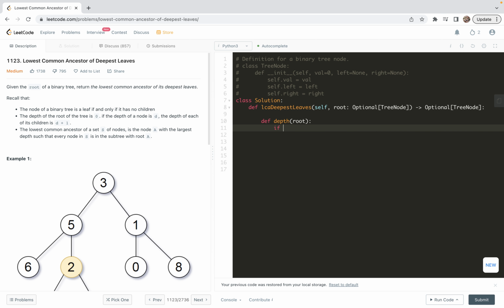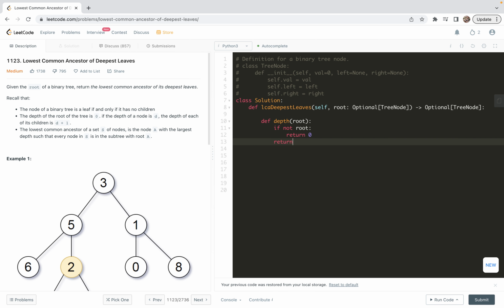First, a special case or stop condition: if not root, we're going to return 0, right? And then we know the left subtree and the right subtree depth, and the original tree rooted at root will have the larger depth plus 1.